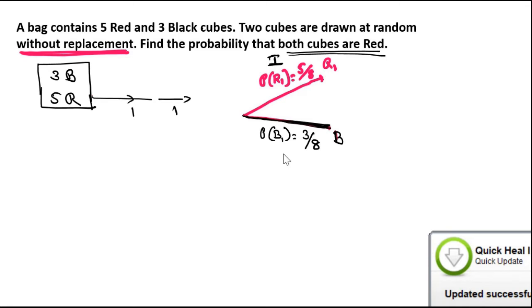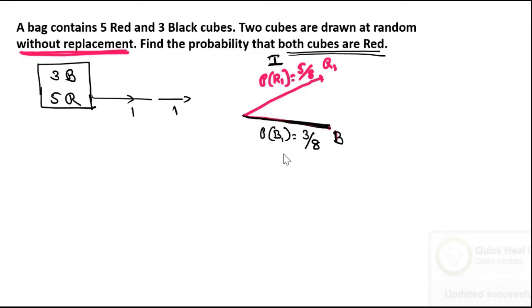Now again we are taking the second cube from this. It's without replacement, so 1 is already removed from this. It can be red or it can be black. Now the second case: the second is also red, but the first is R1, that is, the first red has happened. What is the possibility of the second also being red?